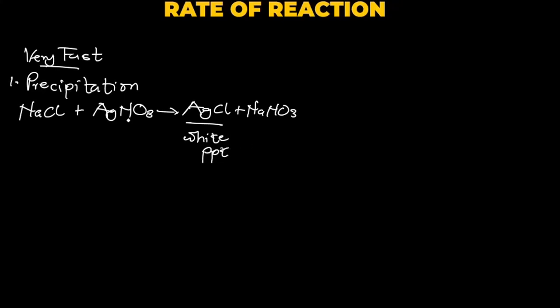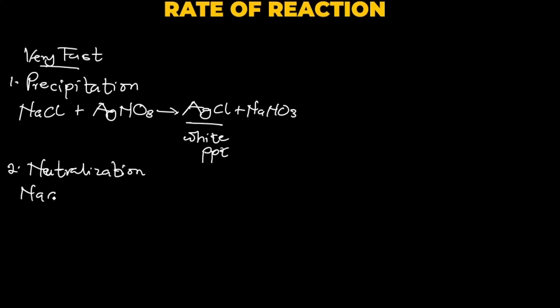Now, this reaction occurs very fast. So, precipitation reaction, this involves ions and it is a fast reaction. Now, neutralization reaction is also a very fast reaction, where we react an acid and a base.